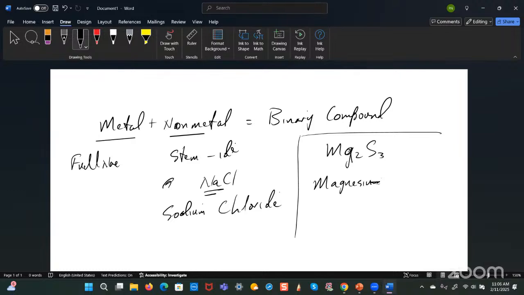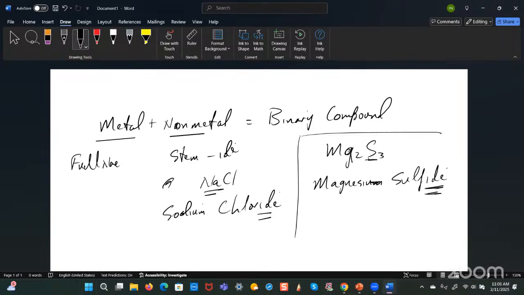So magnesium will be the first part of the name of this compound. And then this is sulfur here, so the name of the rest of the compound would be sulfide. Again, the -ide ending, just as in the case of sodium chloride, we have magnesium sulfide.